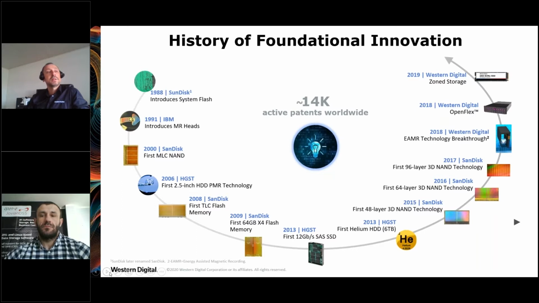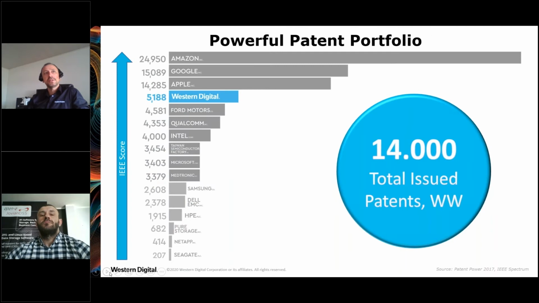So Western Digital has been an innovation house. And besides the innovations, we also have a very strong patent portfolio, ranking in the top list of the worldwide patent owners.